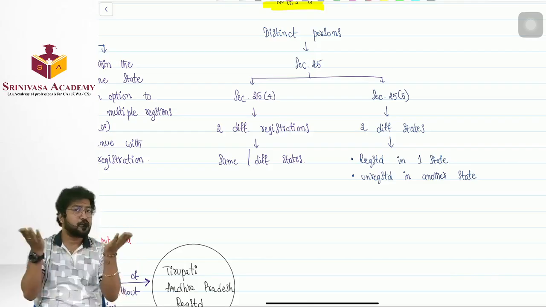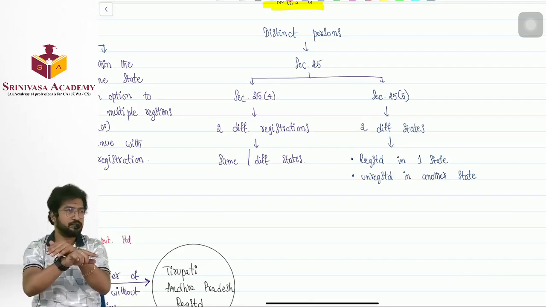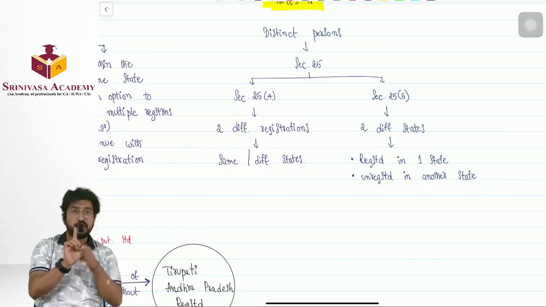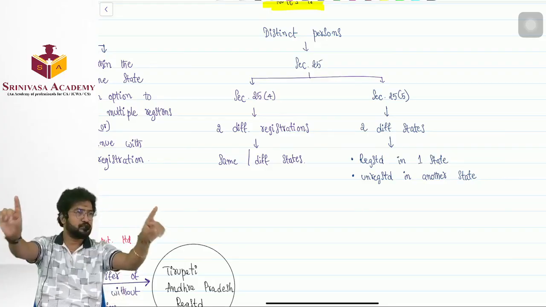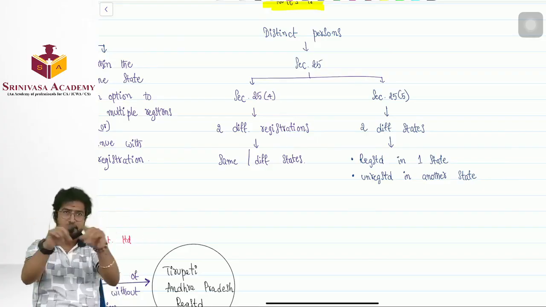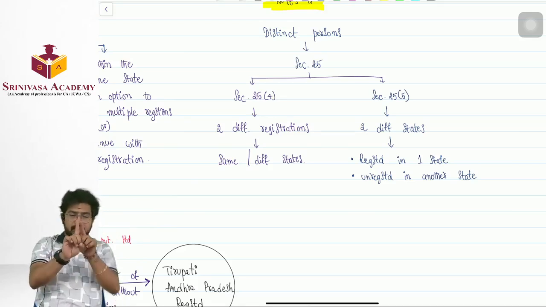Related persons: there are two persons, and you are talking about their relationship, whether they are related or not. Distinct persons: only one fellow is there, and you are assuming them as two. Related persons, two members are there, and you are talking about their relation. But distinct person, only one fellow is there, and you are assuming it as two.